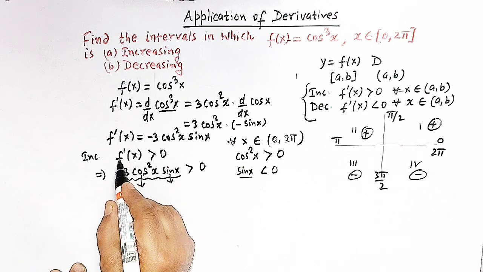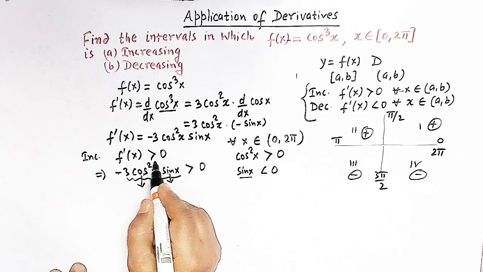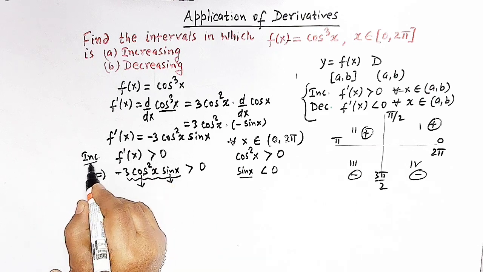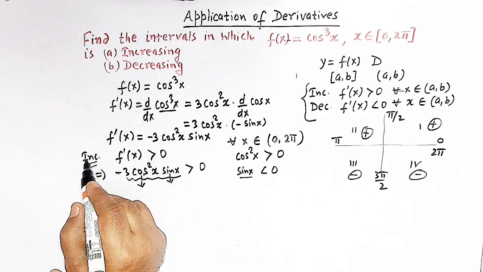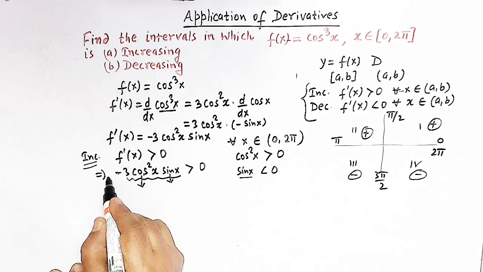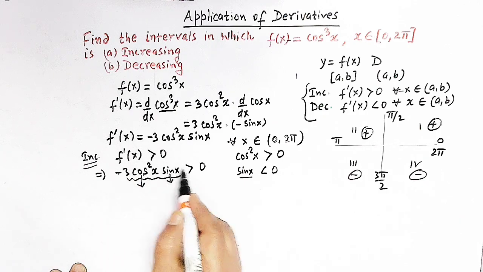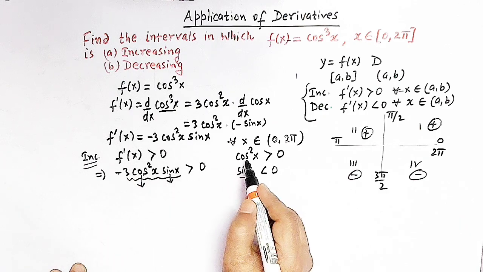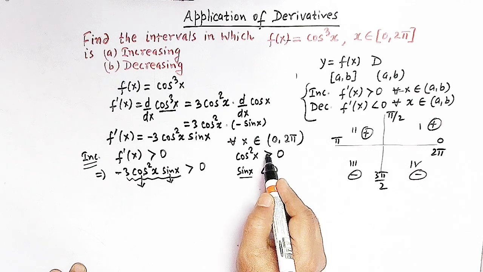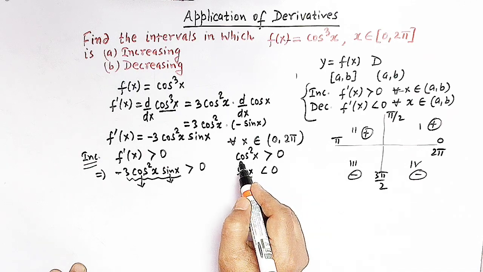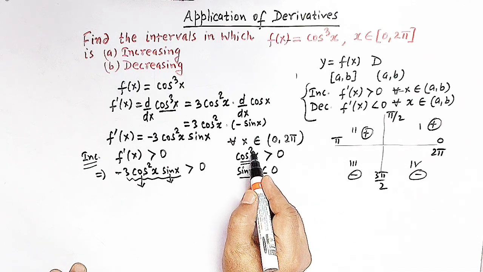So now f prime of x should be greater than 0 for the function to be an increasing function. So it implies that this entire term has to be greater than 0, but cos square x is greater than 0 because this is a square term, right?